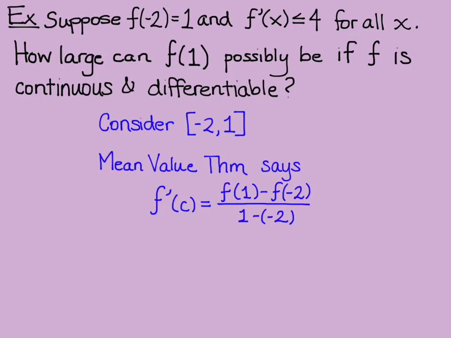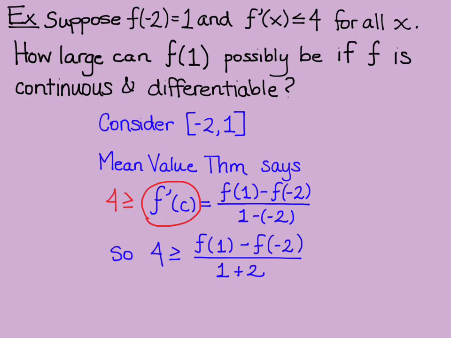The mean value theorem then says that f prime of c should equal f of 1 minus f of -2 over 1 minus -2. Furthermore, we know that the derivative of f is always less than or equal to 4, so f prime of c needs to be less than or equal to 4.